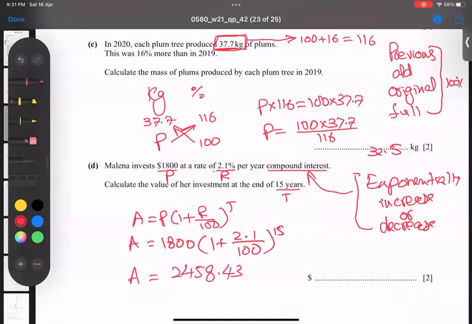You can write it this way, or write 3 SF, which is 2460. Both answers are correct, because for dollars, whenever you have an amount, always use two decimal places, 2 DP. So this point is also clear.